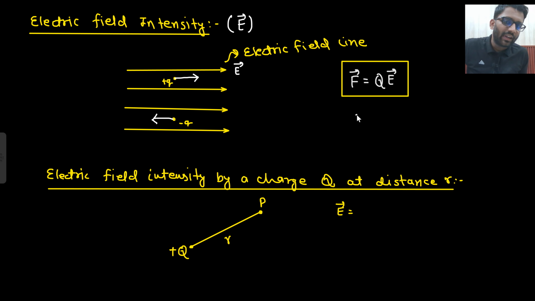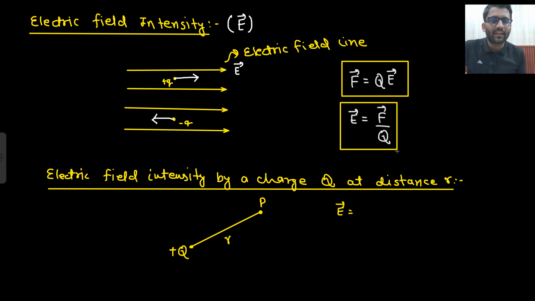Now from here, what do I get? F by Q, right? So what will be the definition of electric field intensity? That is not important. You need to understand only one thing: whenever I say electric field intensity, in your mind it should strike that he is talking about E. That's it. Nothing else you need to understand. But just for the fact, what will be the definition?